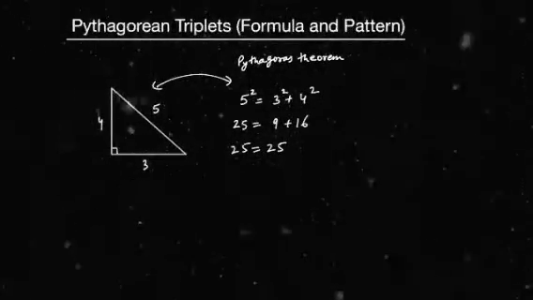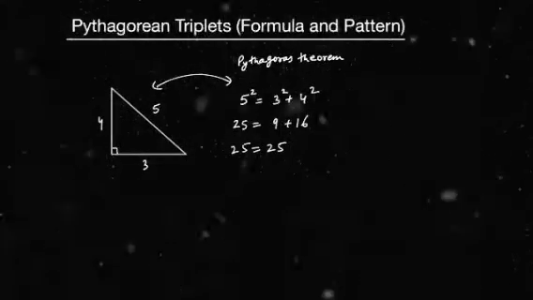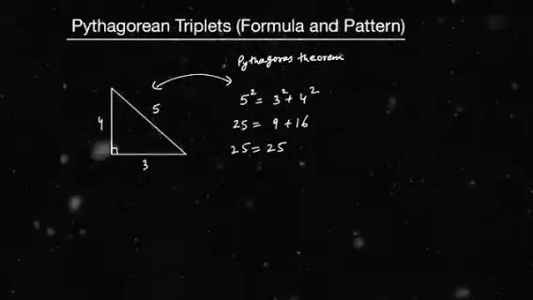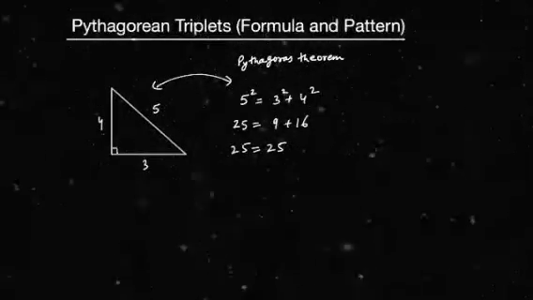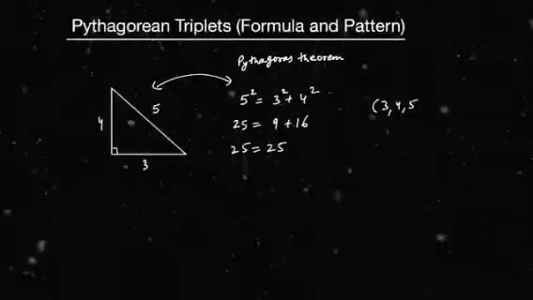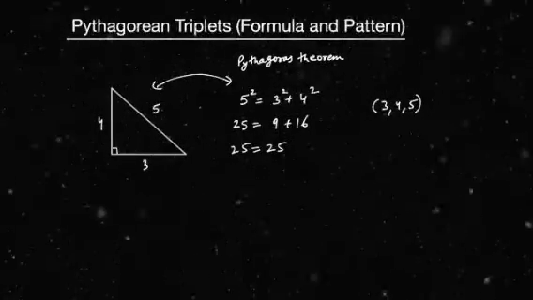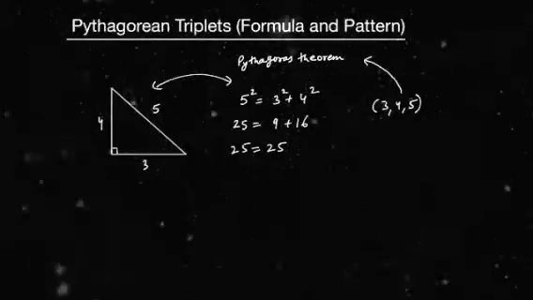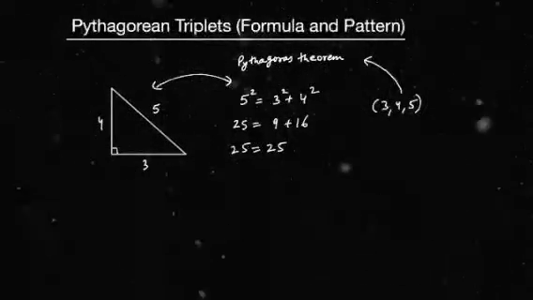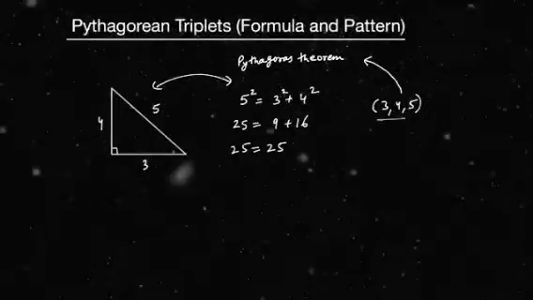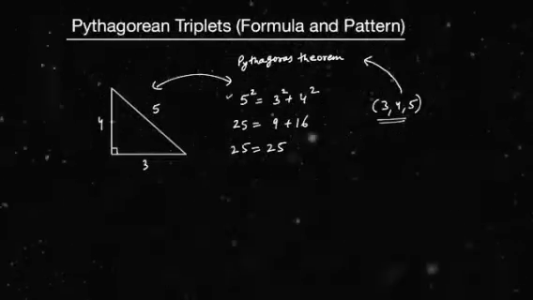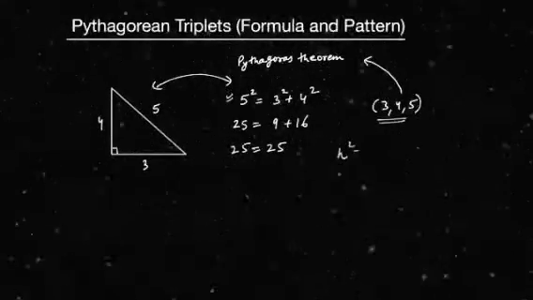Now if we talk about Pythagorean triplets, it means three numbers, like we can take 3, 4 and 5, and if we apply Pythagoras theorem to these numbers, then they should satisfy, or we can say the three integers that we have taken should fit this rule.